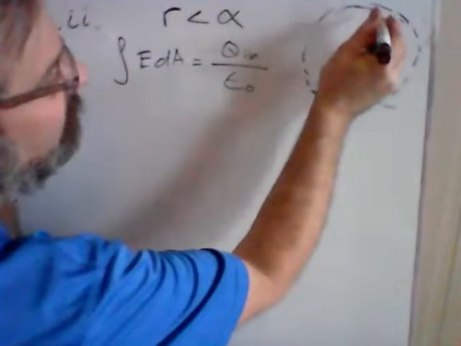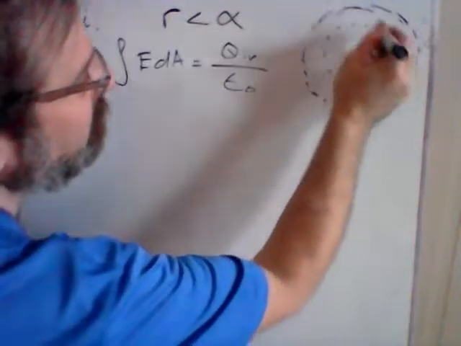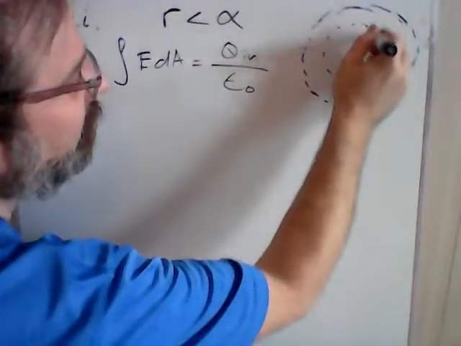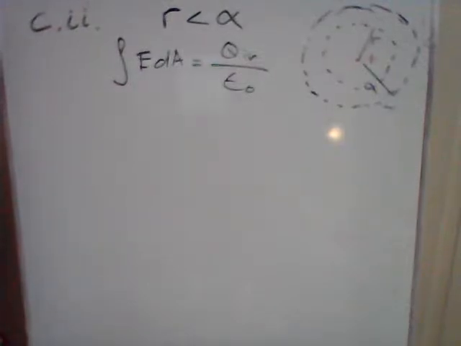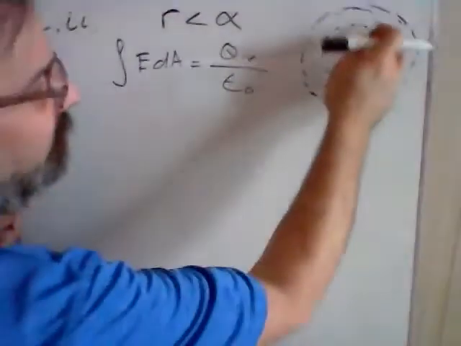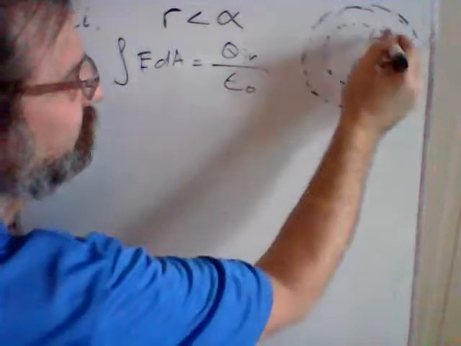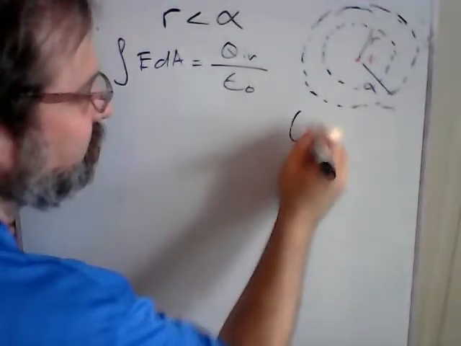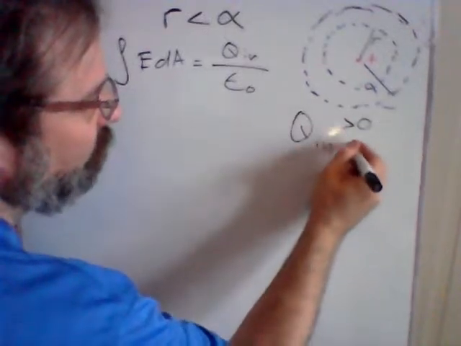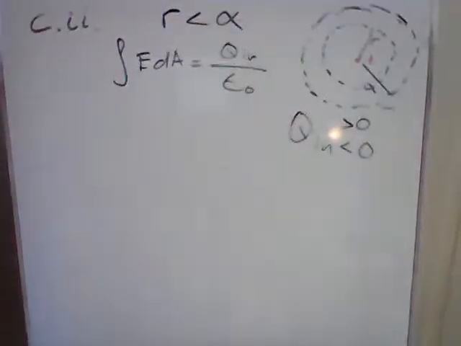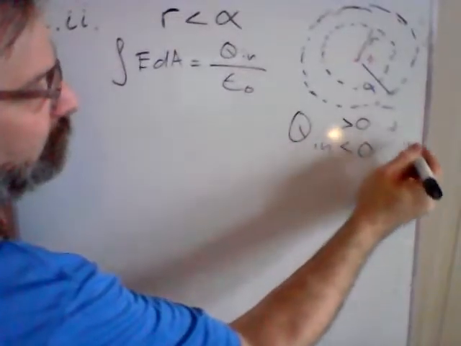Now we're looking at some radius r that is smaller. Now we know that the charge inside this black Gaussian surface, Q inside, is greater than zero or smaller than zero, positive or negative.